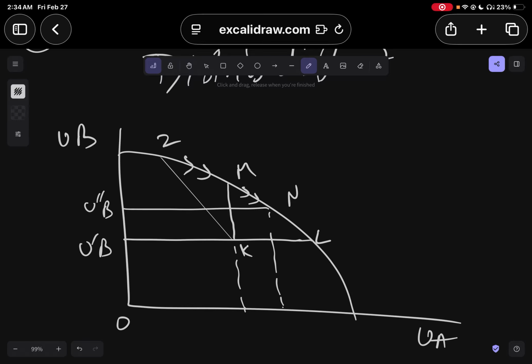This point is K. This is U'A, U''A. Yeah, I think it's labeled now.